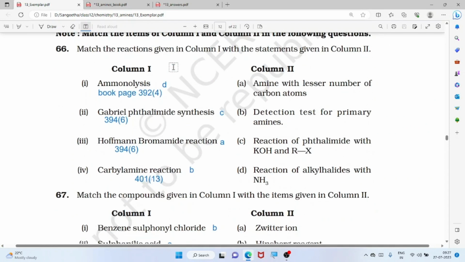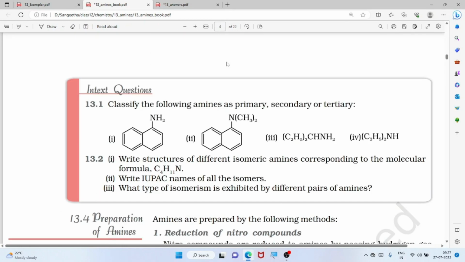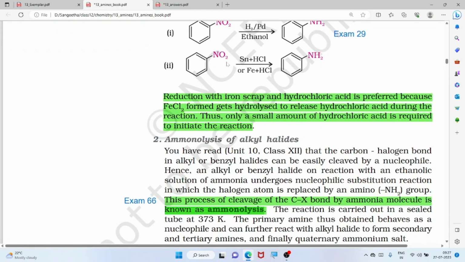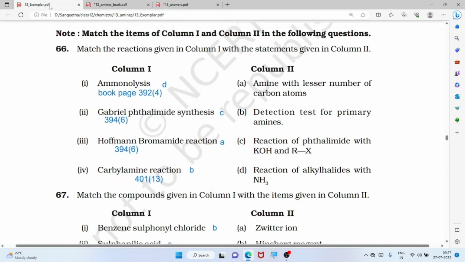Matching type. Okay, ammonolysis. Ammonolysis is the reaction of the alkyl halide with ammonia. This is here 4. This is the ammonolysis. Gabriel phthalimide synthesis is the primary amine preparation. C, okay.